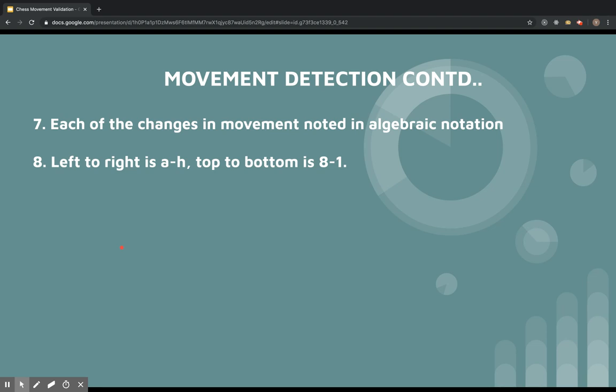And this is the algebraic notation for each of the square locations. And every time a piece is in a certain location, the algebraic notation of that particular square is detected, and what kind of a piece is on that square is also detected. So, for example, if there's a white horse on A4, right, that particular location is detected and kept track of.